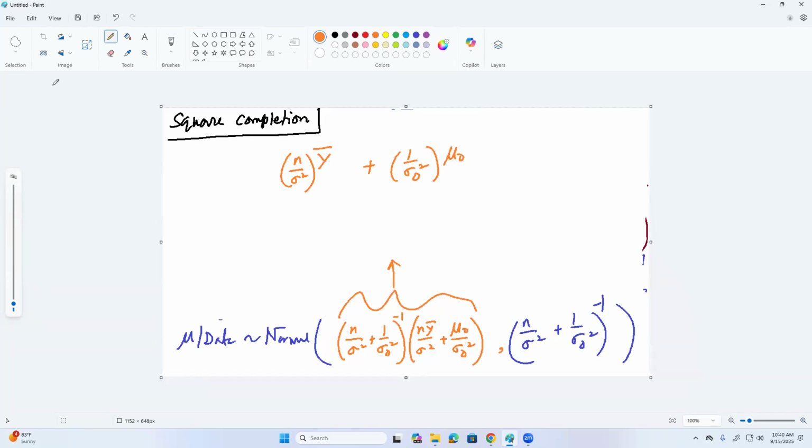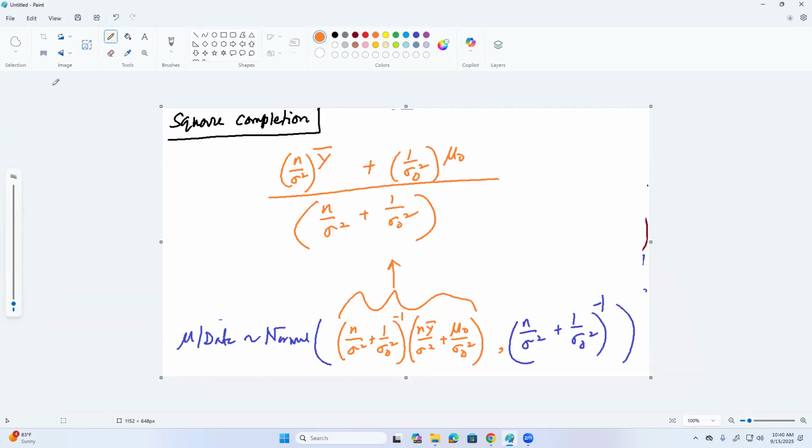So I'm multiplying y bar with a positive weight, n over sigma square, and mu sub 0, the prior mean, with 1 over sigma 0 square, and dividing by the total weight, n over sigma square plus 1 over sigma 0 square. This is how we do it. So the posterior mean is the weighted average of the data mean and the prior mean.